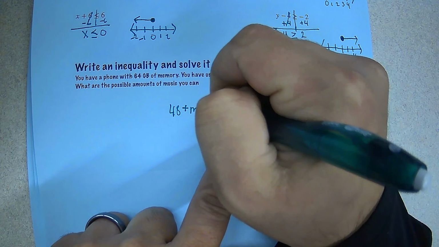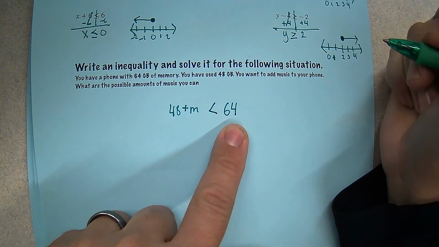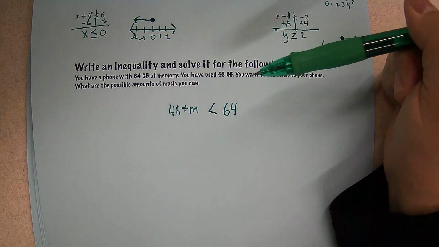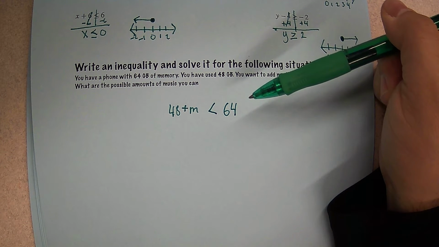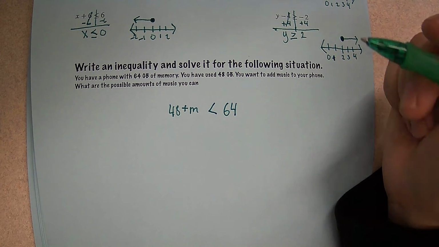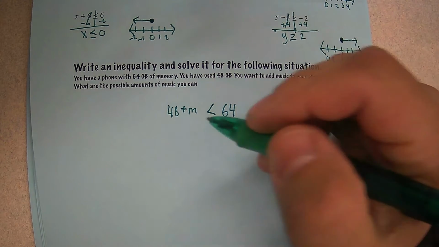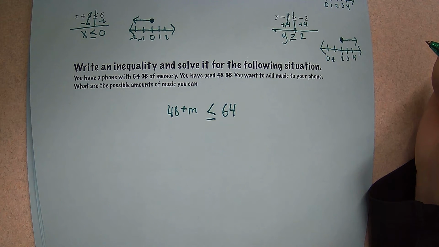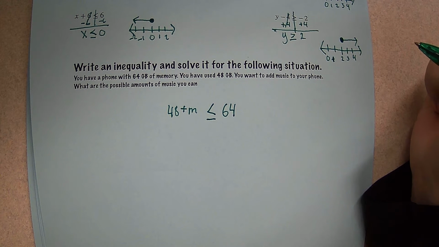So that has to be the greatest amount. So then you have to think, can we add 64 gigabytes? Can we have exactly 64 gigabytes? Yeah, you can use up every single piece of memory on that phone. So we can include 64.